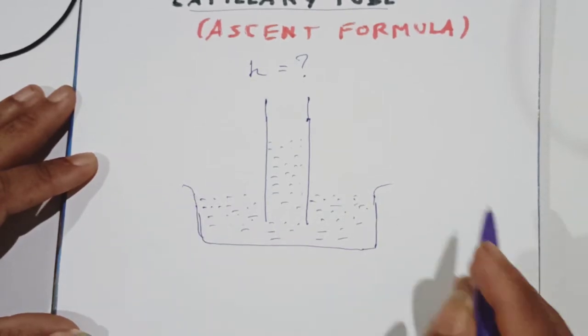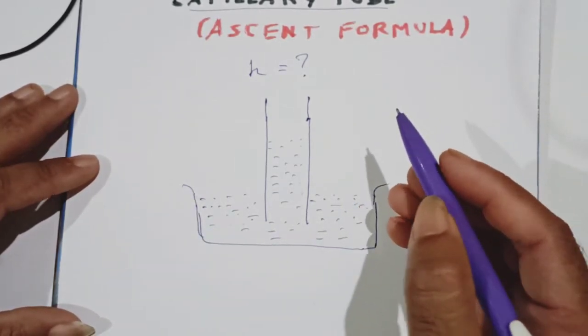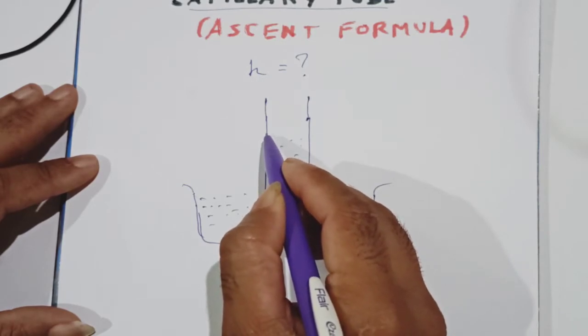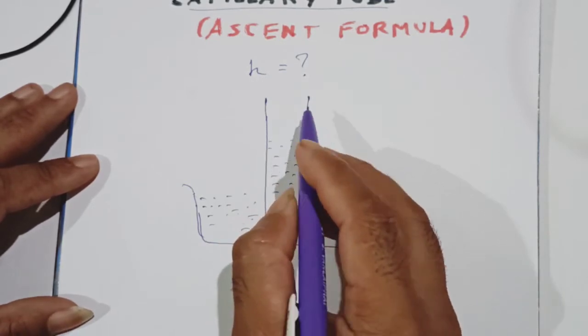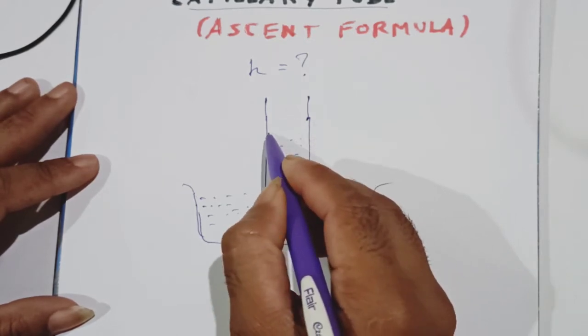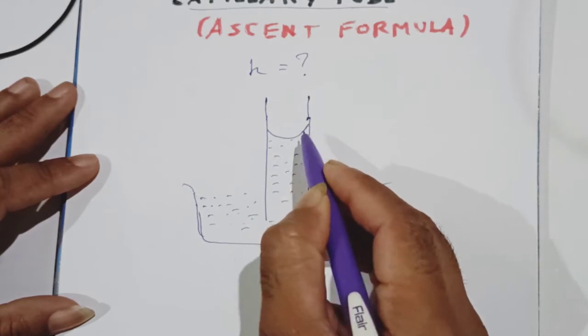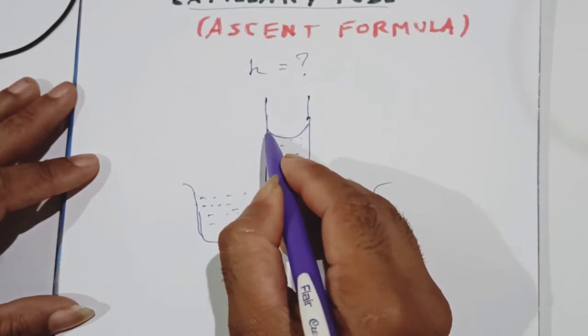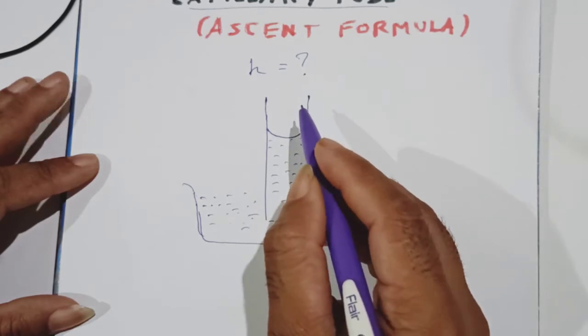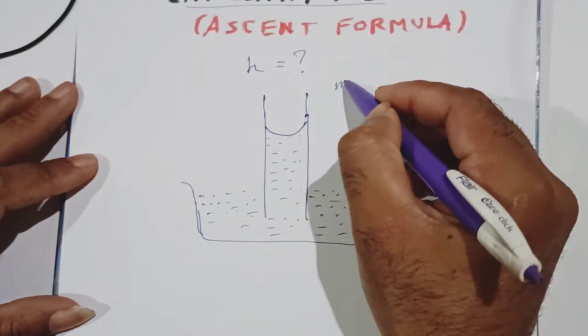Okay, so now we see that when the water rises, it sticks to the wall, or it wets the wall of the tube. This is a very fine tube. It will look like this. This is called the meniscus.